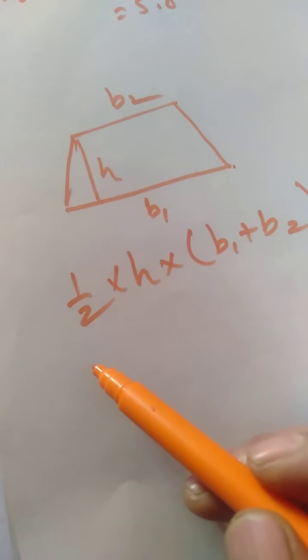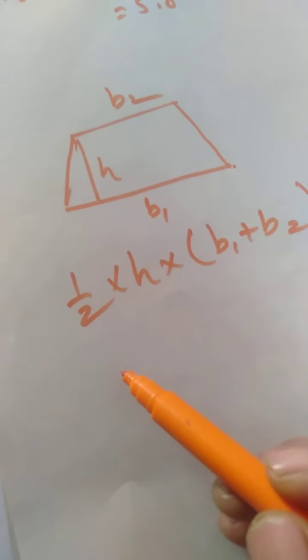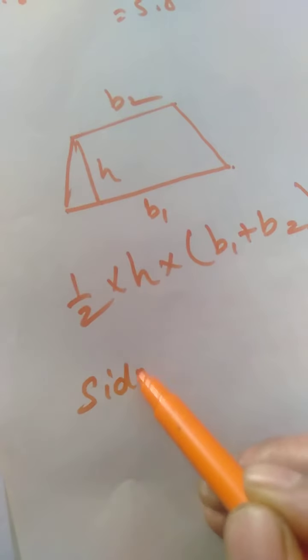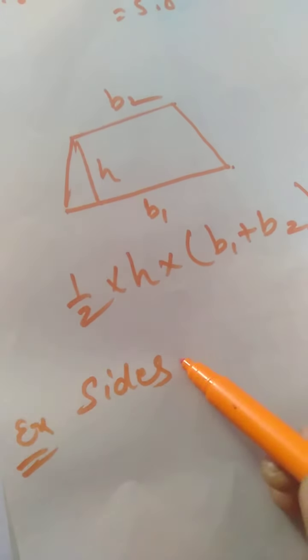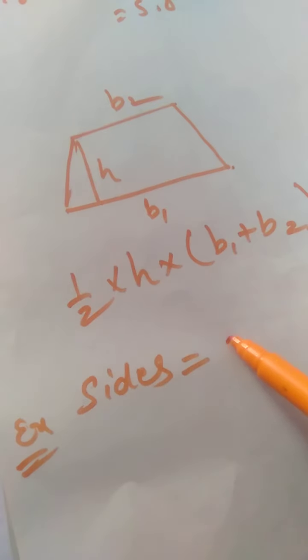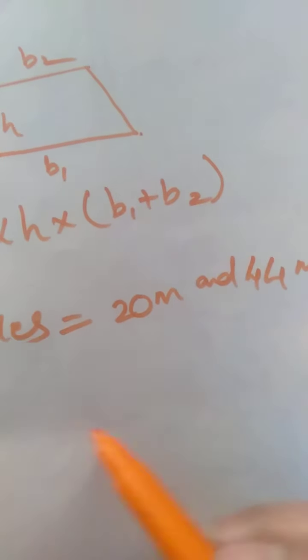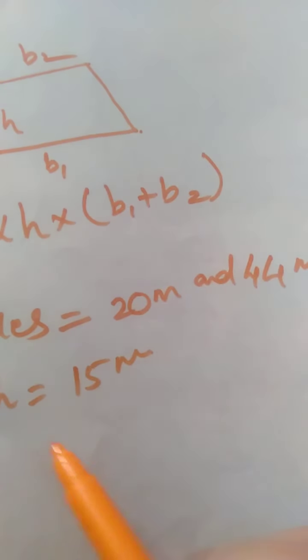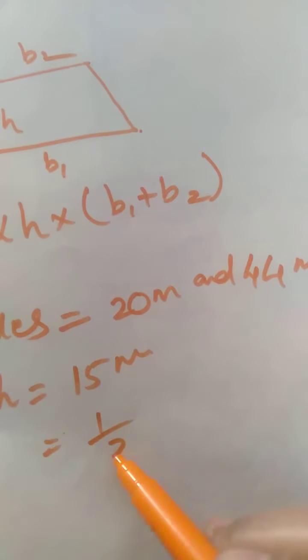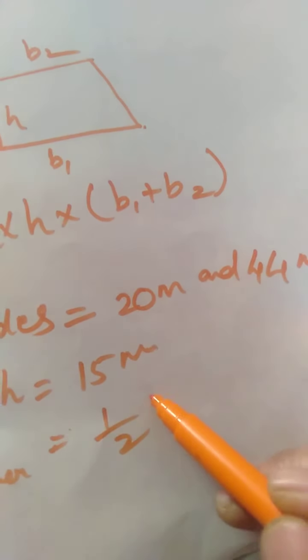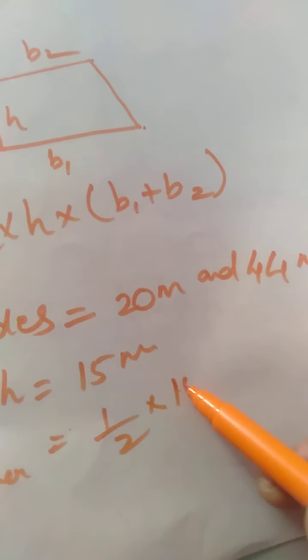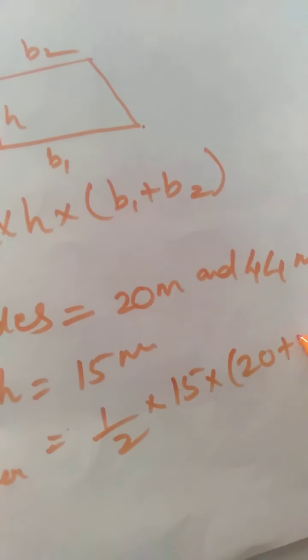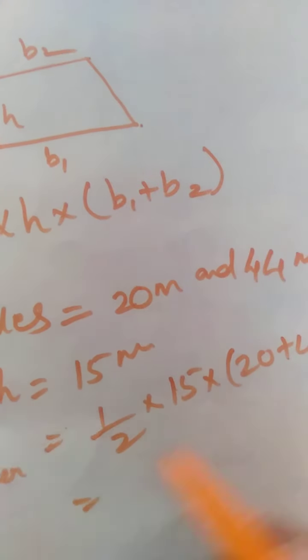Suppose that you have to find out the area of a trapezium where the sides are given as 20 meter and 44 meter, and the height h is 15 meter. So you can just calculate using this. Area is half into height 15 into 20 plus 44, which is 64.